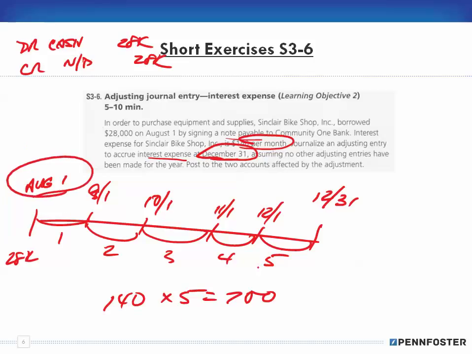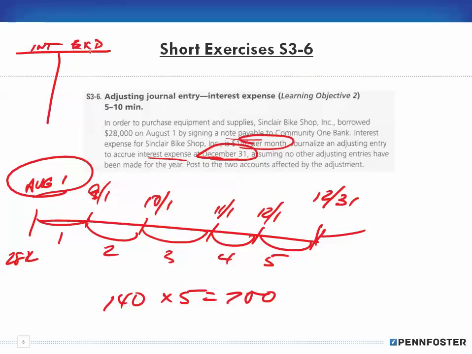Remember, we're borrowing here, so we're accruing that interest expense. We haven't paid it. We're not paying it until we get to December 31st. So assuming no other adjusting entries have been made that year, post to the two accounts affected by the adjustment. We have interest expense, which as of August 1st had a zero balance in it.